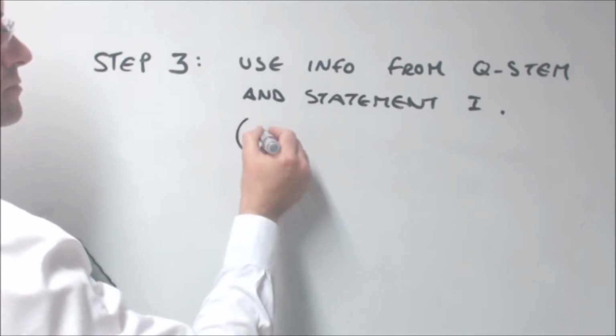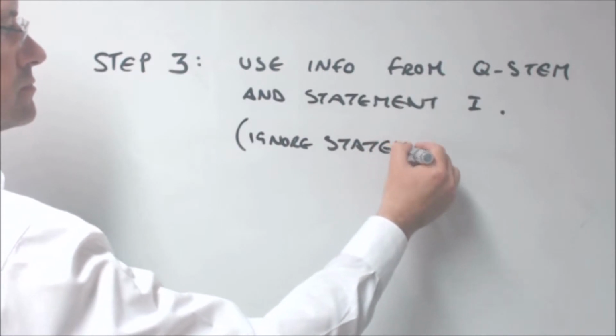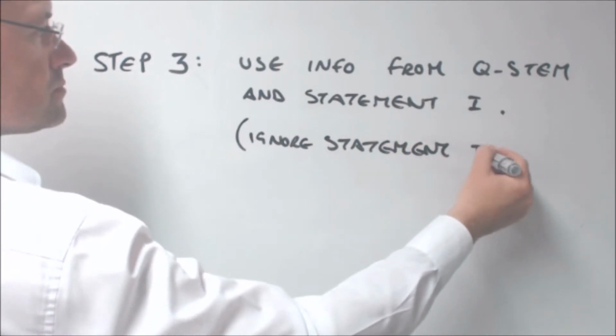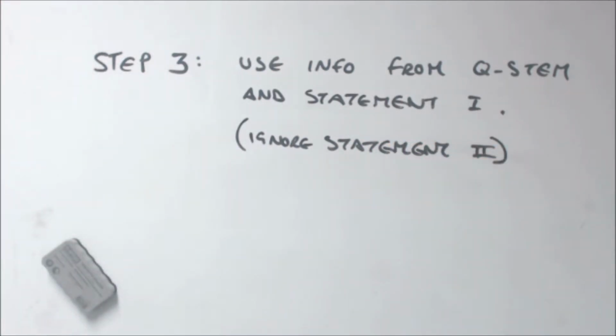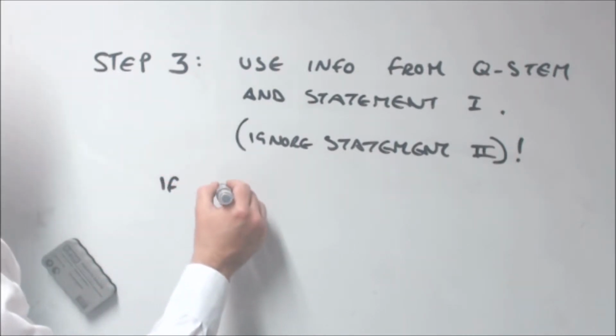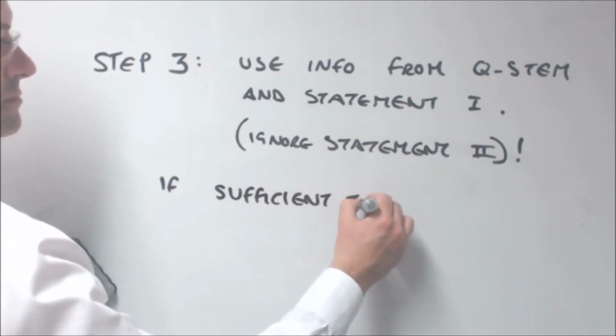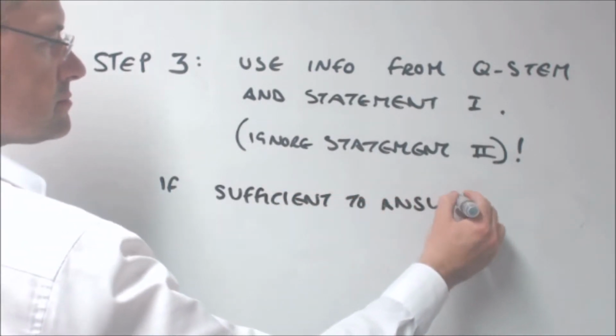We absolutely must not consider at this point, and we must ignore, the information provided in statement 2. This becomes much clearer as you do more practice. You say to yourself, all right, what is included in statement 1 that I'm interested in? Statement 2 doesn't exist for me at this point.